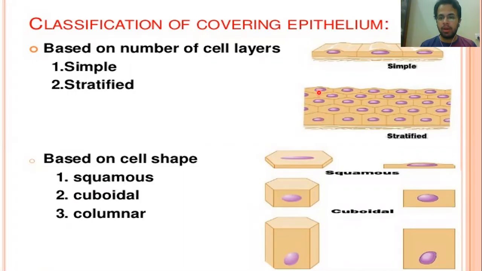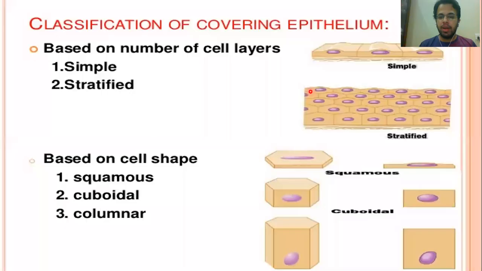Because the top layer of the stratified epithelium is of the squamous shape. Remember, we name the stratified epithelium on the basis of the top layer shape, right? It is possible that the layers below the top layer are of a different shape.